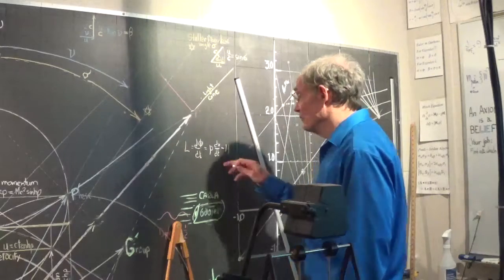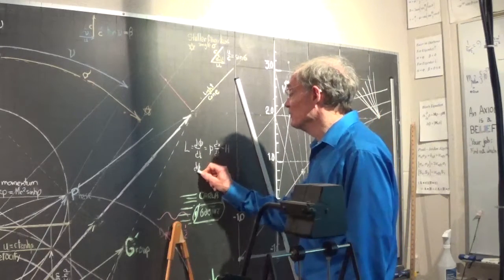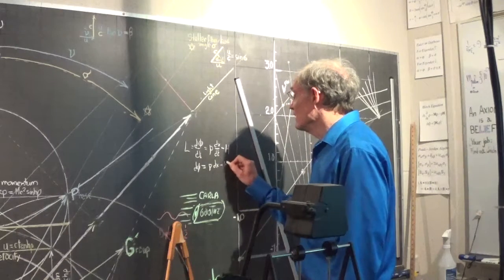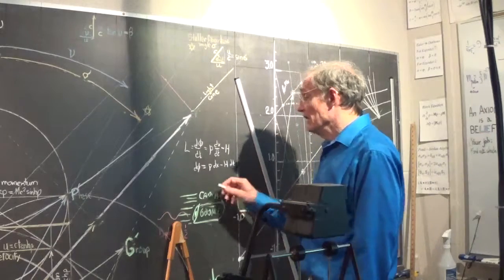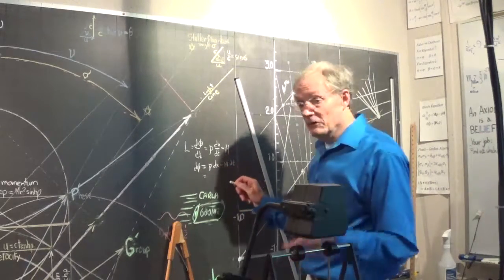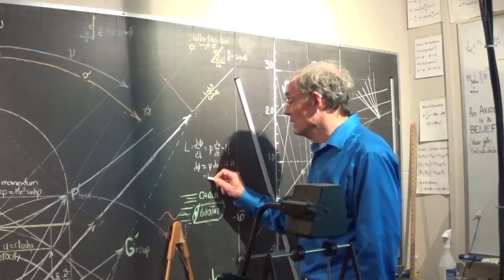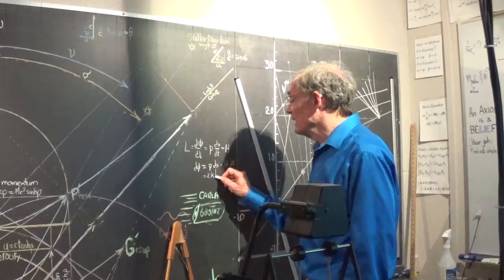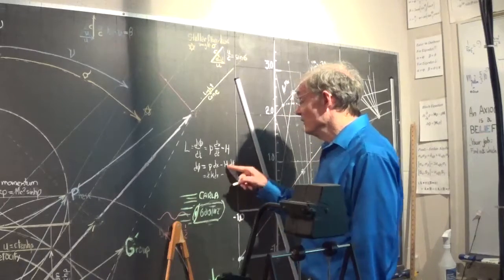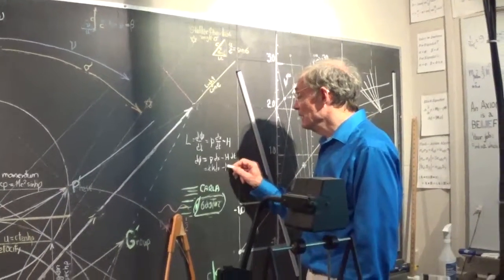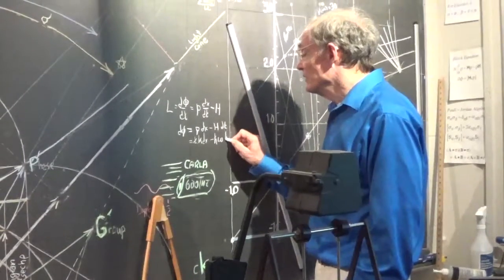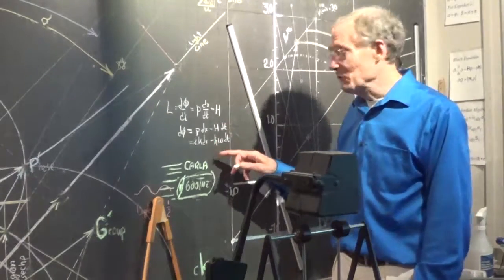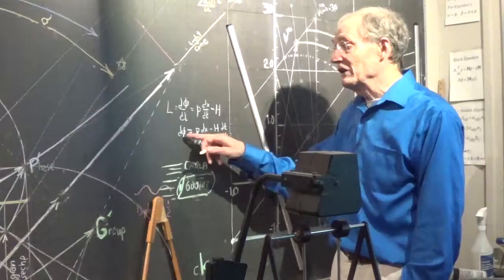Now what you do is you say d phi, this is the Poincare differential, is equal to p dx minus H dt. Once we've proved that the momentum is proportional to k by h bar, this is k dx minus, and this big H is little h omega dt. So there's all that advanced classical mechanics hiding in this, but when you see it as a wave, it's just a differential of the phase.